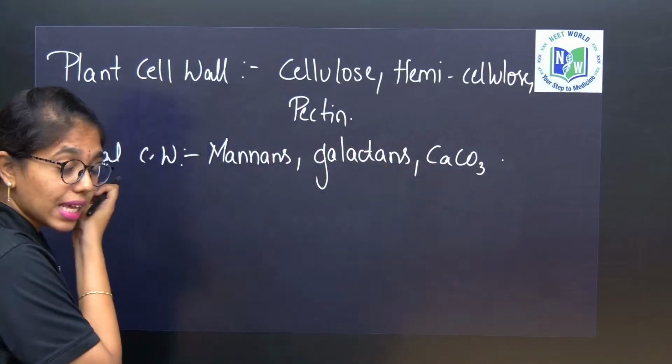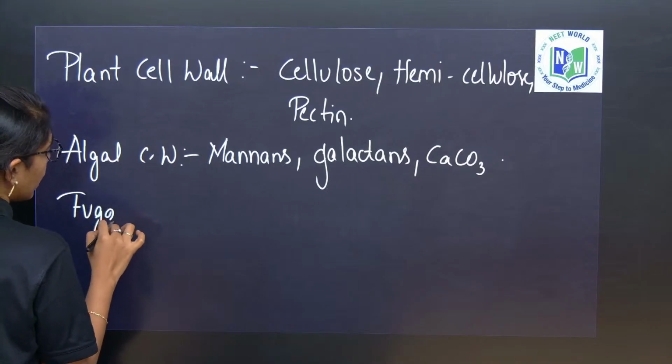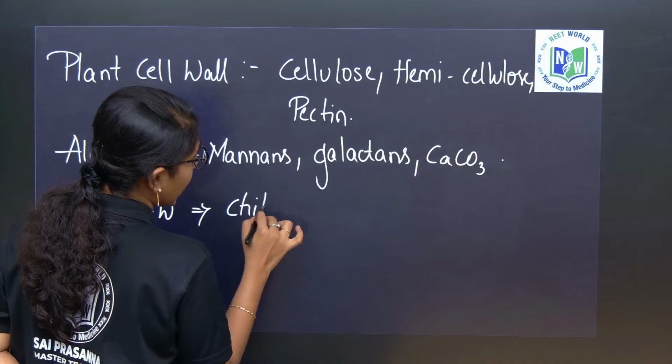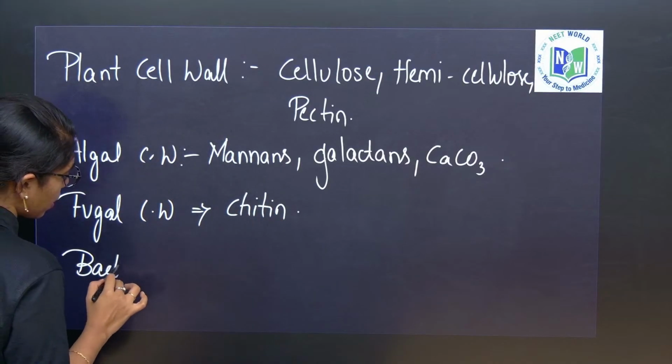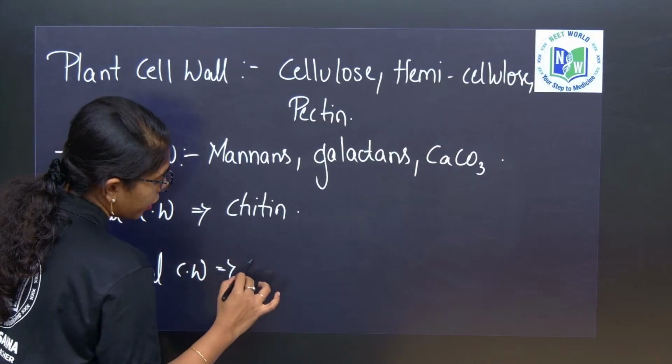Then fungal cell wall. Fungal cell wall is made up of what? Chitin. It has chitinaceous cell wall. Bacterial cell wall has what? Peptidoglycan.